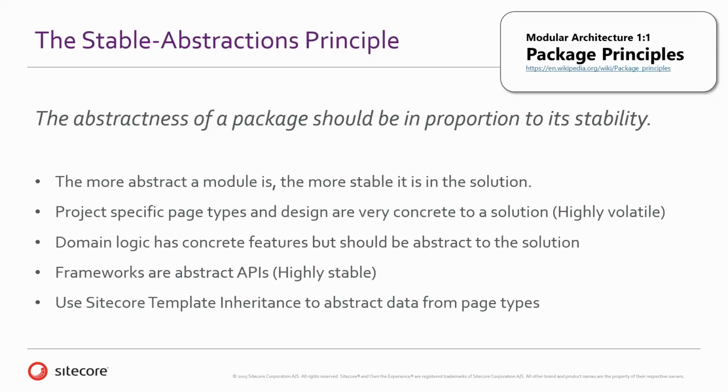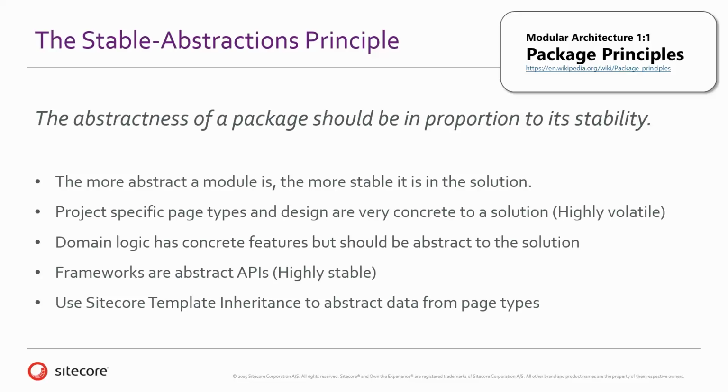One of the package principles, again, I urge you to go and look into package principles and read up about that: the abstractness of a package should be in proportion to its stability.